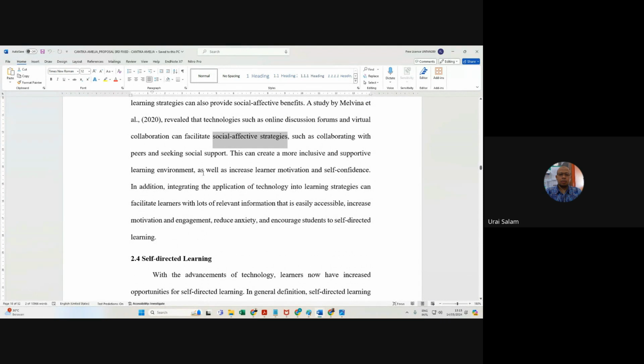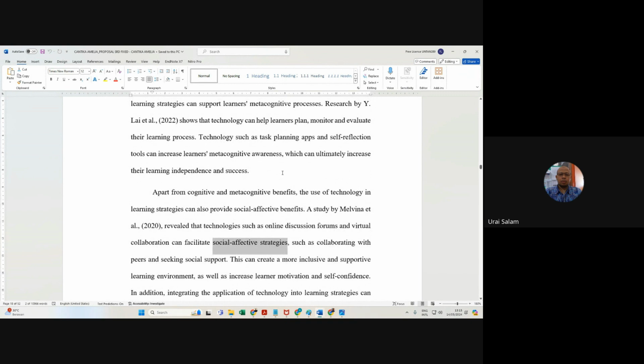And more important is to give the real example. For example, if you mention cognitive strategies, can you give an example? What kind of activity do the students do, and it is called cognitive strategy?